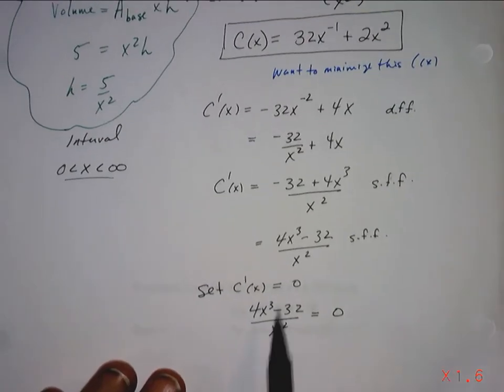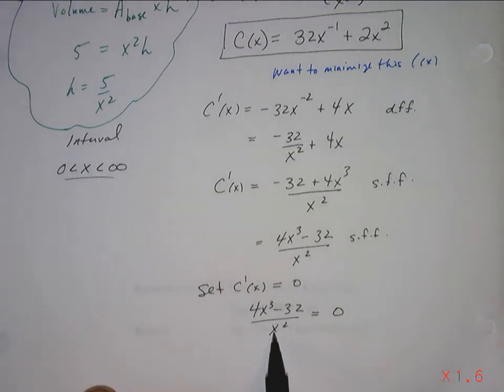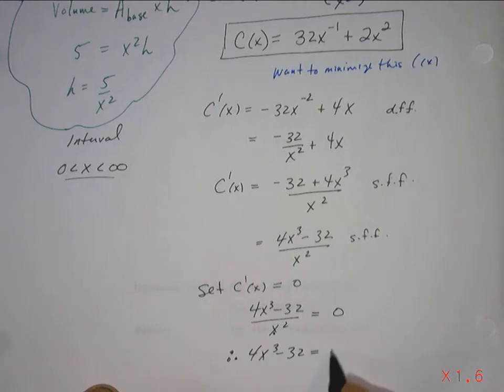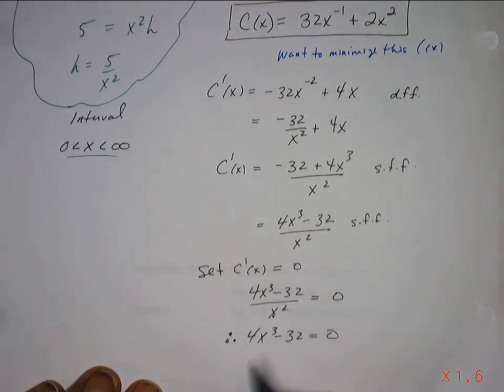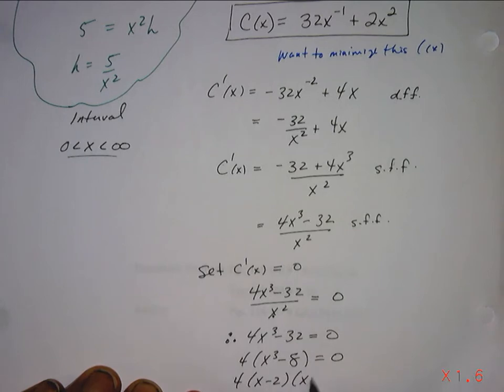So that brings us back to here. So I've taken care of the restriction. So that means that I'm only really interested in that. I'm going to common factor out a 4. 32 divided by 4 is 8. That's going to be 4 times (x minus 2)(x squared plus 2x plus 4) equals 0.